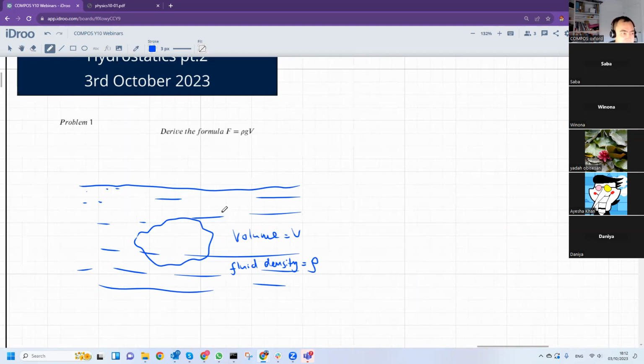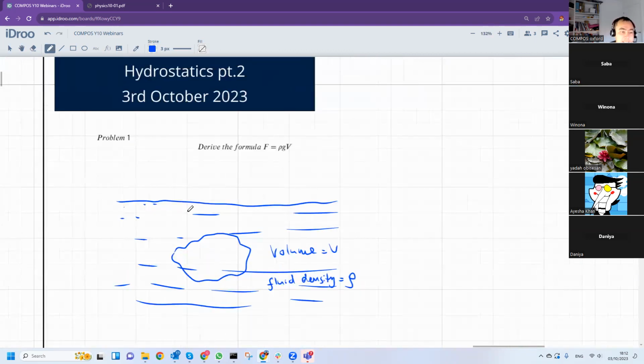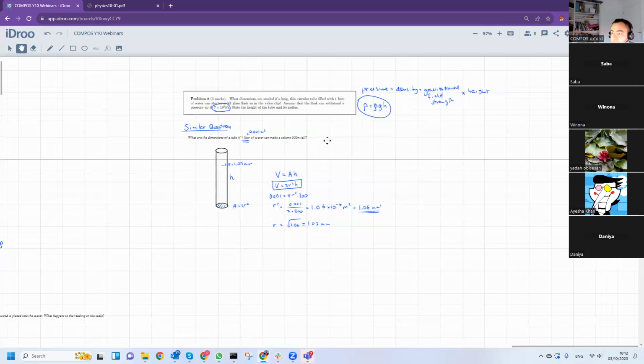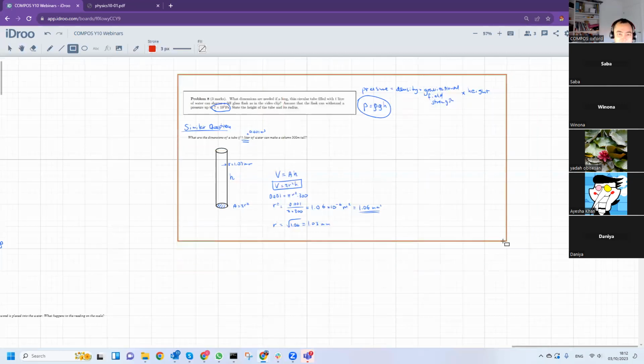They're not related, but problem 1 is an explanation of this formula. So here I just went through problem 8 because Rihanna was asking last week, 2 weeks ago. So I'm happy to help.